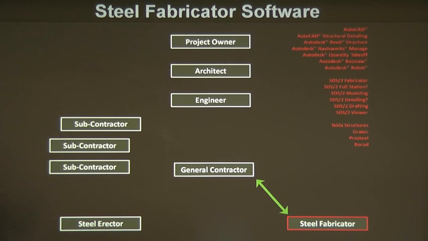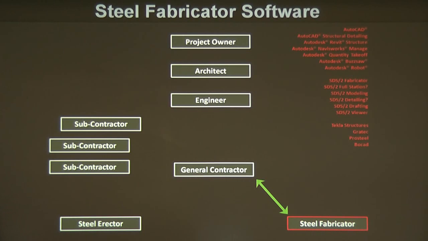Once the drawings are created, it's just like the design drawings, but much more detailed. They call out every bolt, every weld, how long the weld is, what size the weld is, because just like the design requirements of RAM or Bentley or any of that other software, it has to be designed and approved by an engineer.